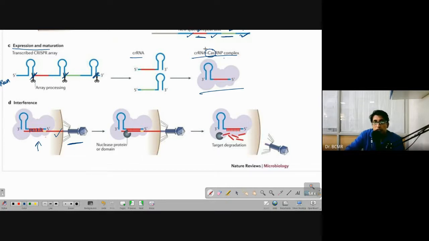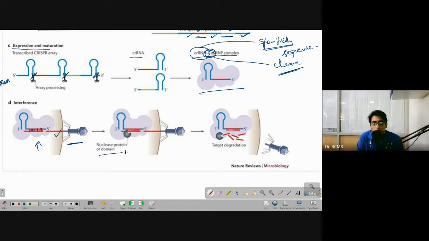So the function of this CRISPR RNA here is to provide specificity based on sequence. And the Cas proteins are the ones that will cleave the incoming DNA.